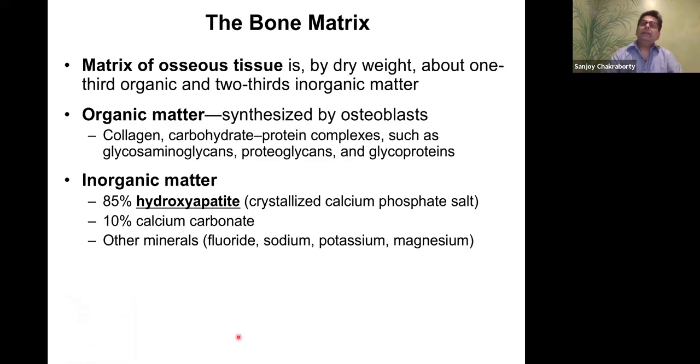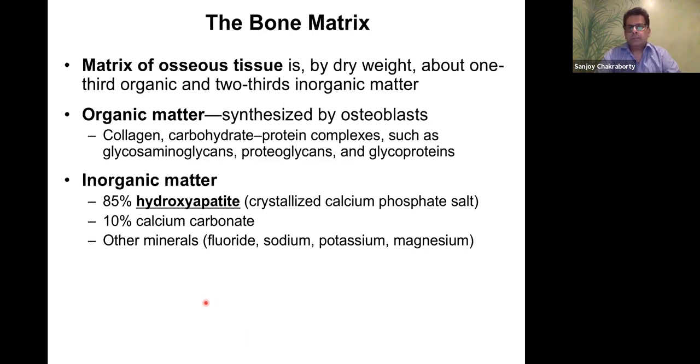That's why in childhood parents or guardians always talked about drinking milk, because that's a huge source of calcium. We learned at a younger age to drink milk to build your bones, meaning that calcium salt is required for making your bones.